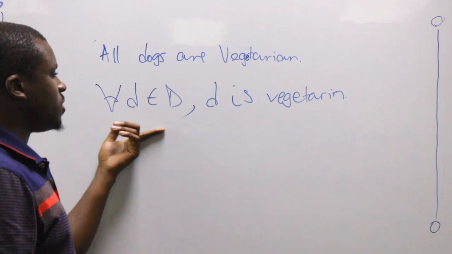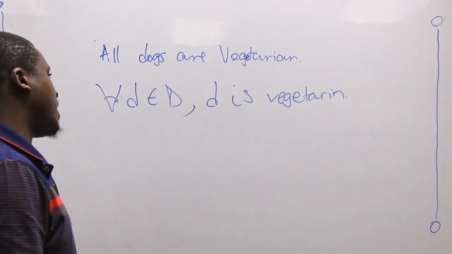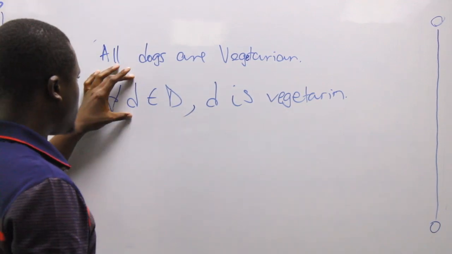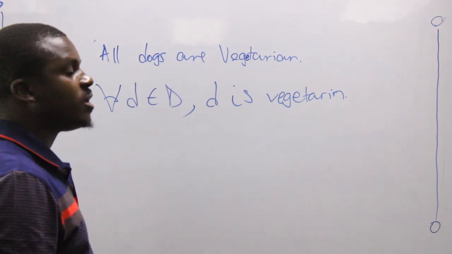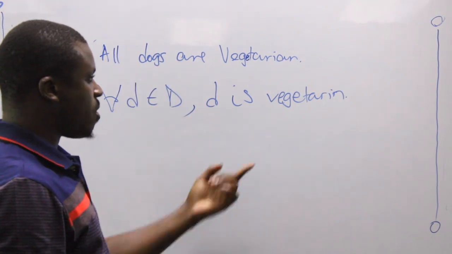This is how you express it in quantifiers. We are saying all the dogs that we have in the domain are all vegetarian.